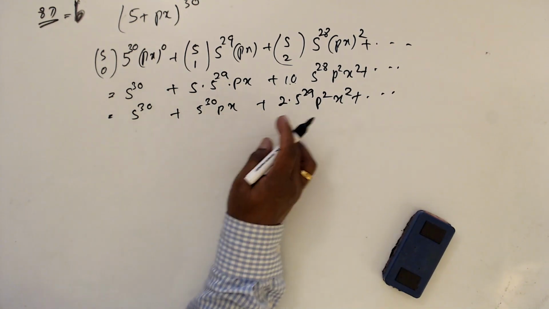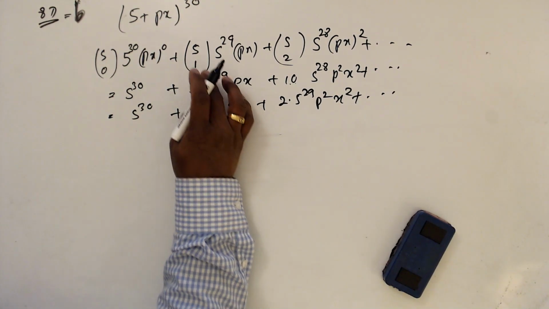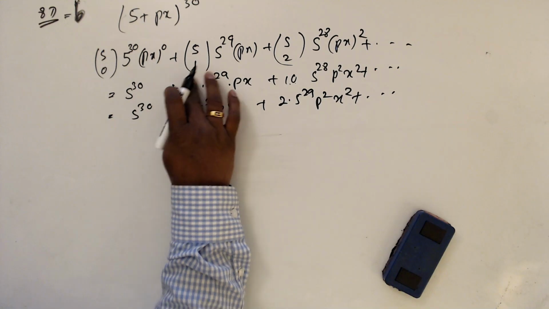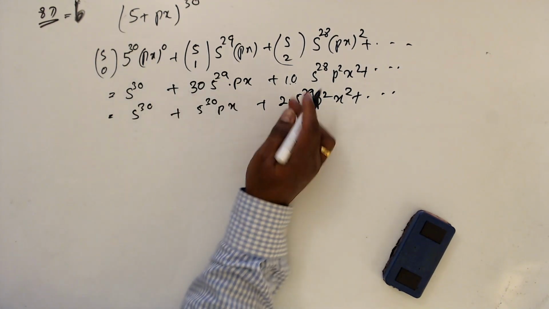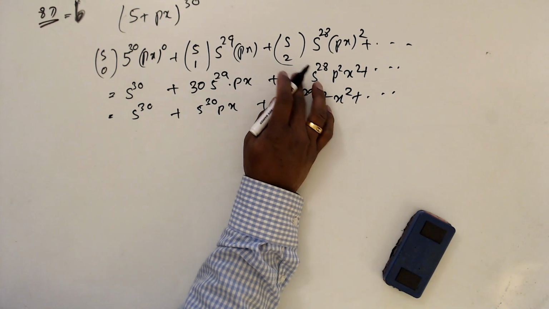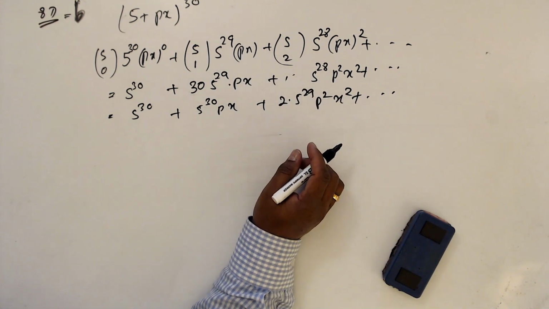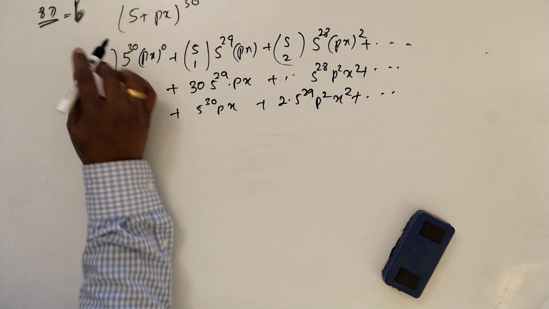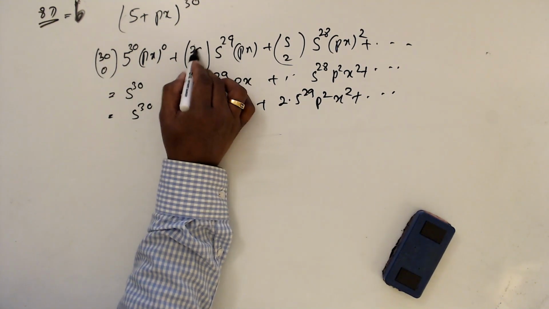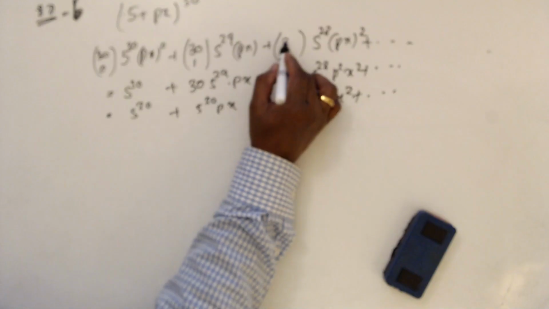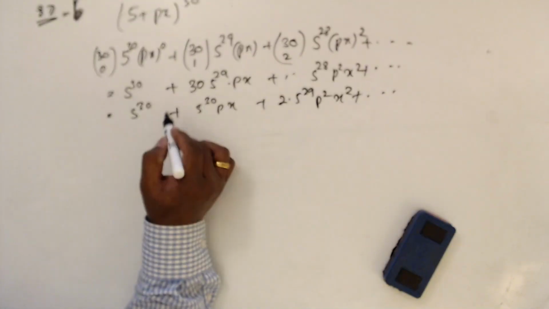This is the error here. This is 30. This has to be 1, then 30, and this one has to be, this is 30. Actually, this is 30C0, 30C1, and 30C2.